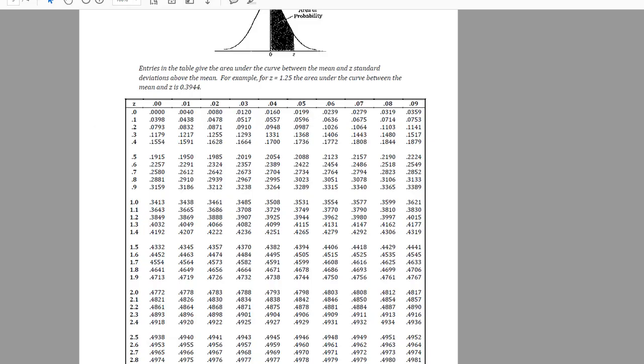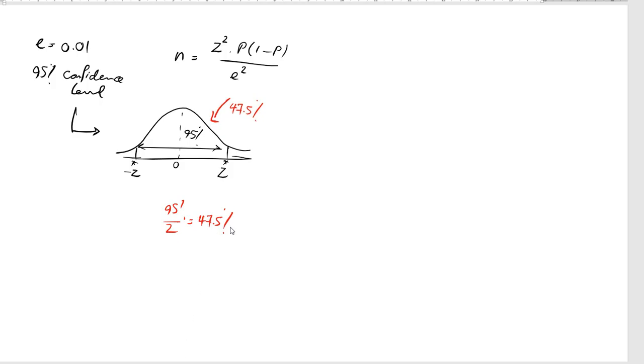If I go to the body of the table, for 47.5, okay, I have exact value for 0.475, which is 1.96. Good. So z value from here, that would give me z value of 1.96. This would be minus 1.96.